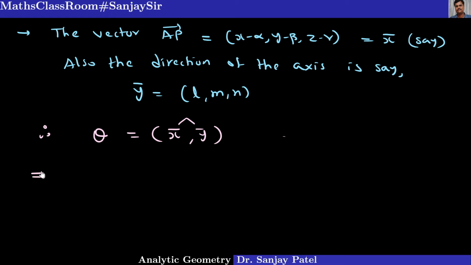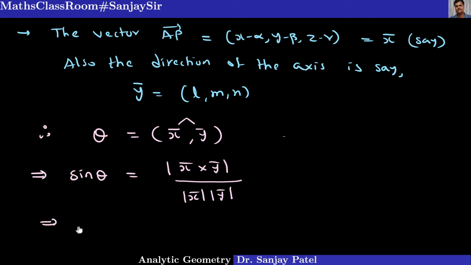Sine theta is equal to mod of x bar cross y bar upon mod of x bar into mod of y bar. So you will get sine theta is equal to, what is x bar?